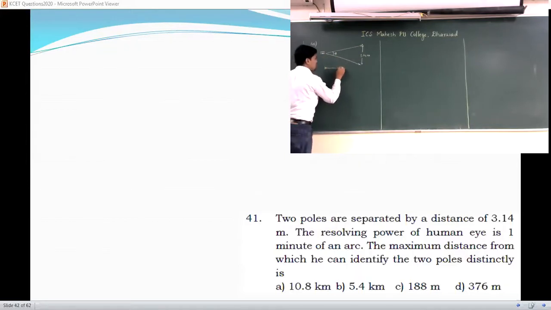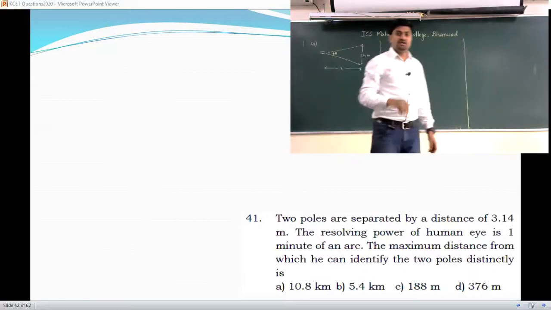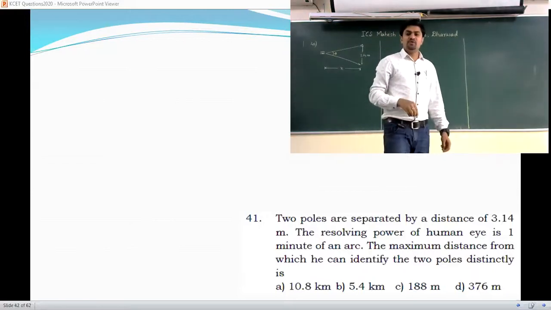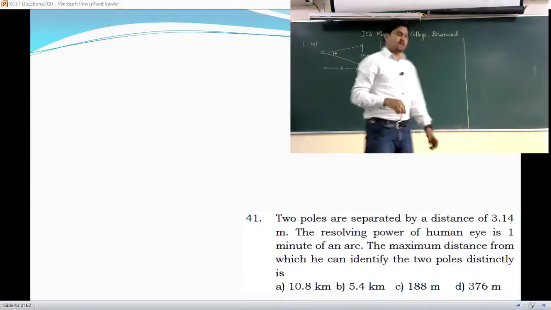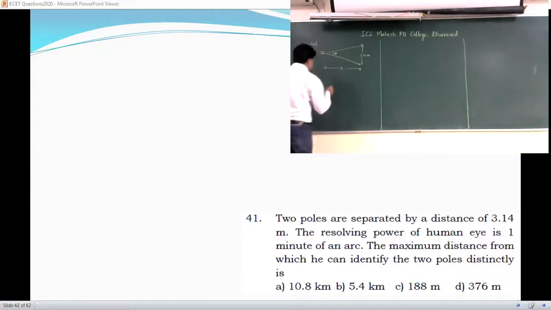So the distance between the poles and that person, let us take this distance as x. Now, how do we calculate that? Another thing they have given is the resolving power of the human eye, and that resolving power itself is theta. Theta is equal to 1 minute.